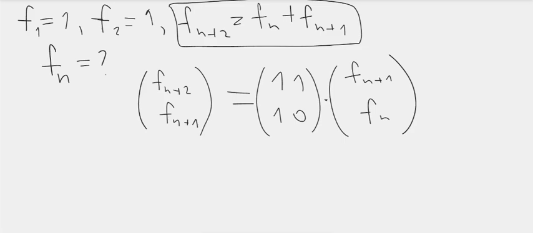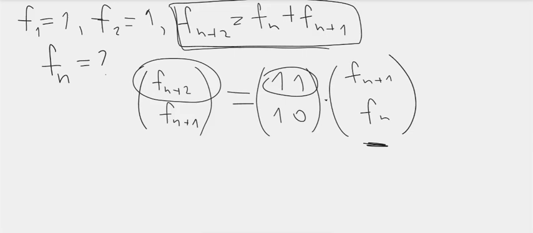When we multiply the first row in the matrix by this vector, we get exactly this formula: fn plus 1 plus fn, and this is equal to this number. And when we multiply the second row in the matrix by this vector, we get fn plus 1, and the second fn is multiplied by 0, so it would be 0.